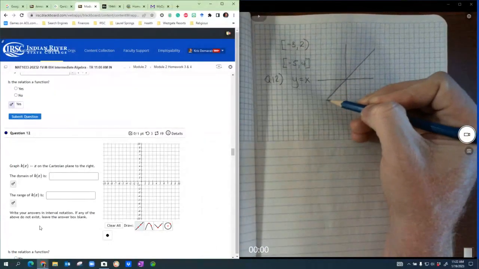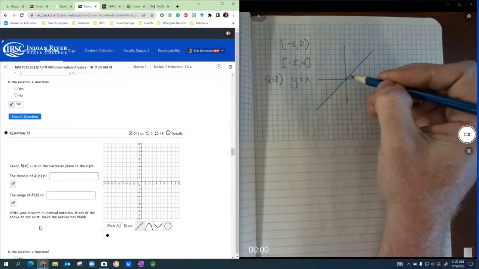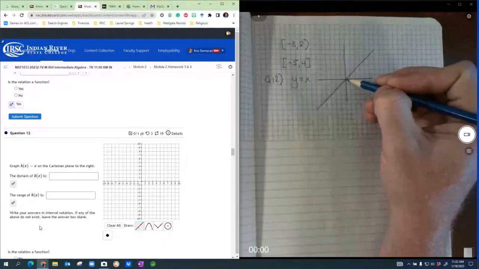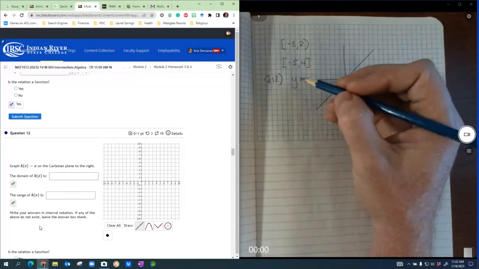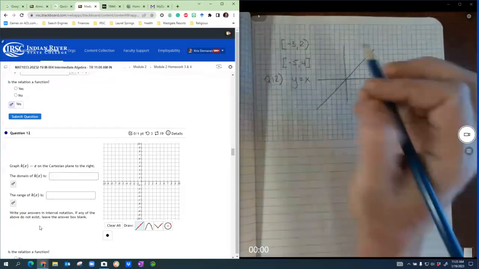Now let's talk about why we look at this. It's because for every input, it's equal to the same thing as its output. If I give you 1 for the input, then it's going to equal the k of x, which is the same thing as saying y. Remember that thing we talked about earlier.